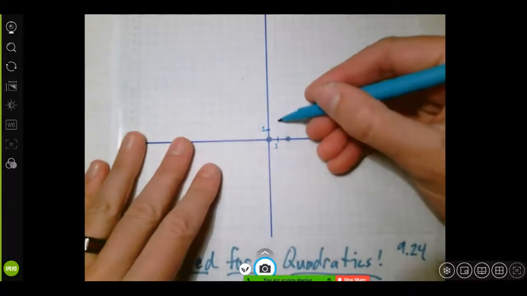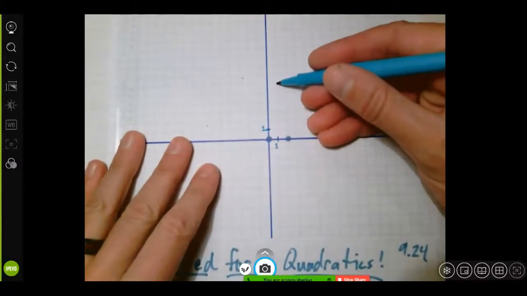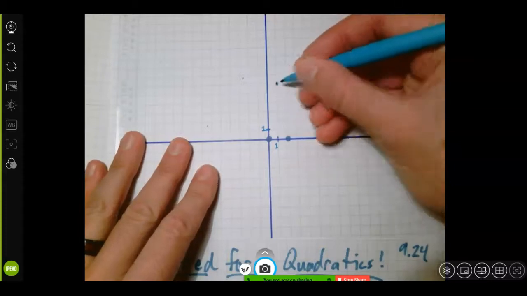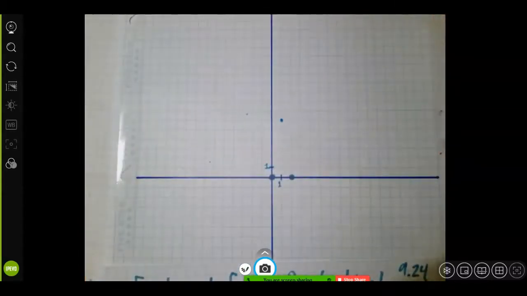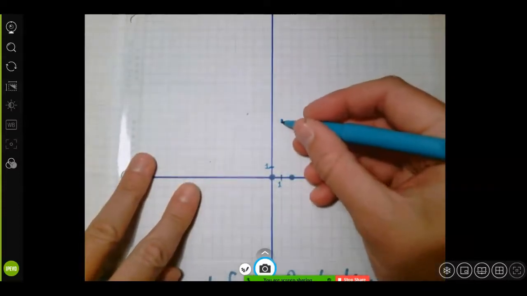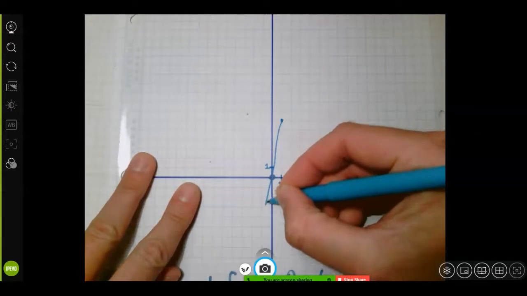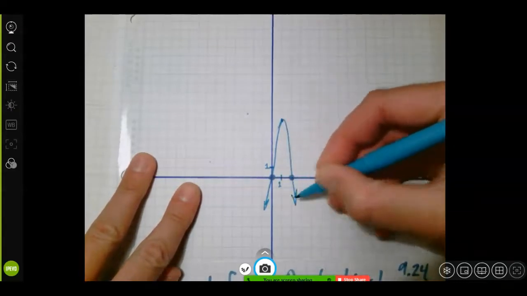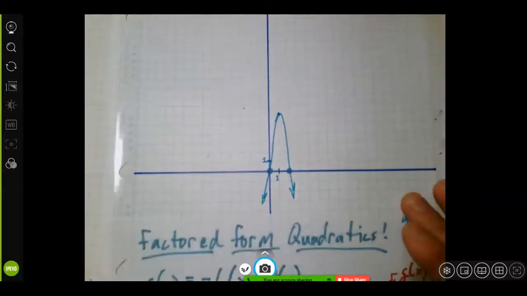So 1, double checking my counting. So I'm going to draw this in my pen just so it's not so heavy. So, wow, this parabola is kind of hard to draw because it's so small. Okay, that's interesting.